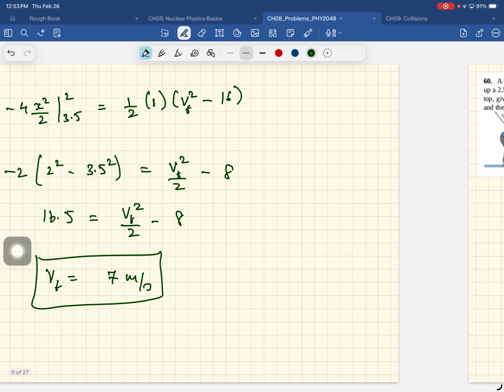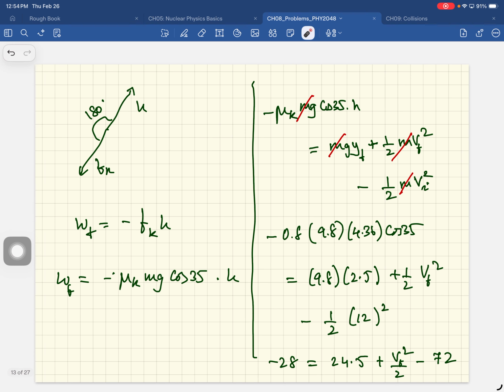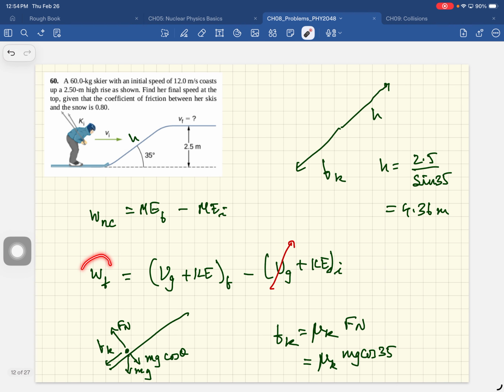And let's make sure this makes sense. Okay, so you are going at 12 meters per second and you climb the hill and you're going at 6.9 meters per second at the top. And that makes sense. Okay, if there was no friction, would you be going faster or slower? Or at the same speed? You'd be going faster. What did friction do? Friction, see this number was negative. This number is negative.